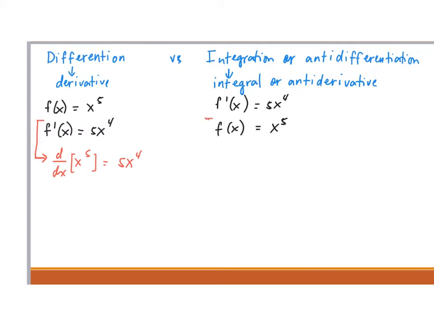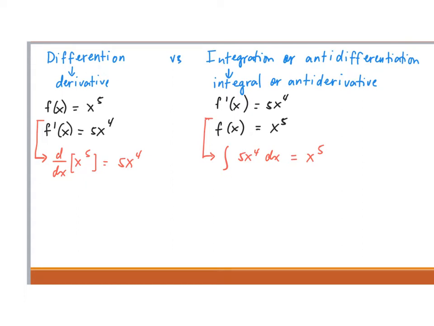The corresponding alternative notation in the integration process is this: the integral of 5x to the power of 4 with respect to x is equal to x to the power of 5. Now remember that the symbol dx here is just read as with respect to x, x being the variable of differentiation.